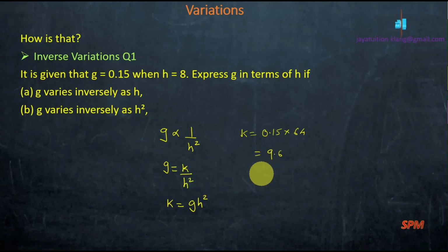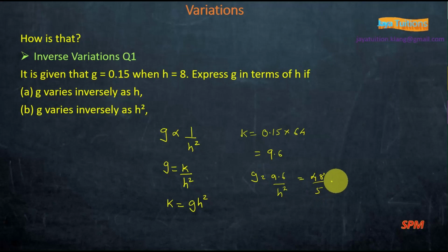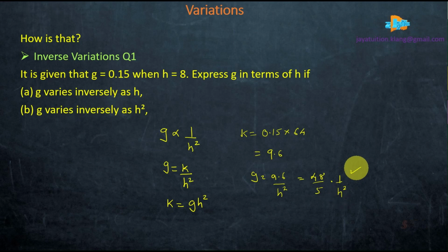Hence, we can write the value of g to be equal to k, 9.6 divided by h square. 9.6 in the fraction format is equal to 48 divided by 5, so 48 divided by 5 times 1 by h square. Either this answer or this answer, both answers will be same.